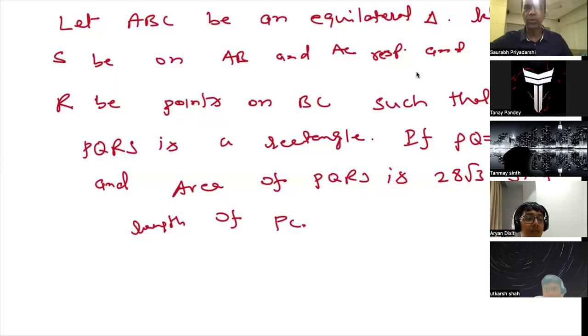We have to do lots of questions on this circle. No worry, I'm just giving you some examples. What we have to do is develop the circular one. As I said, you have to draw the figure.